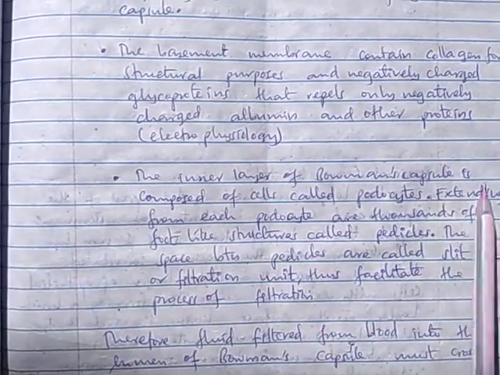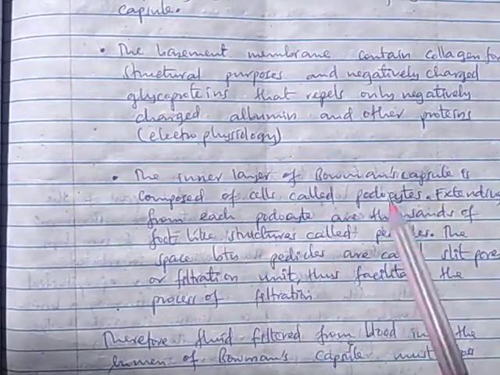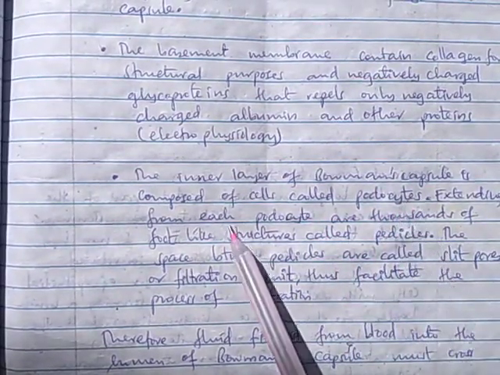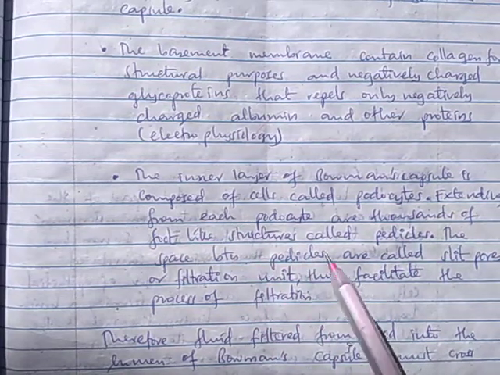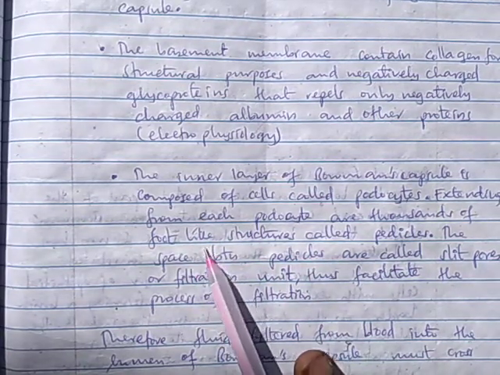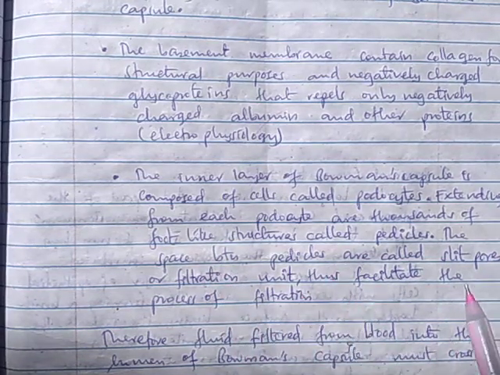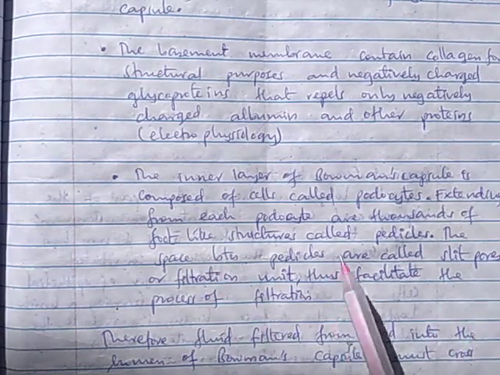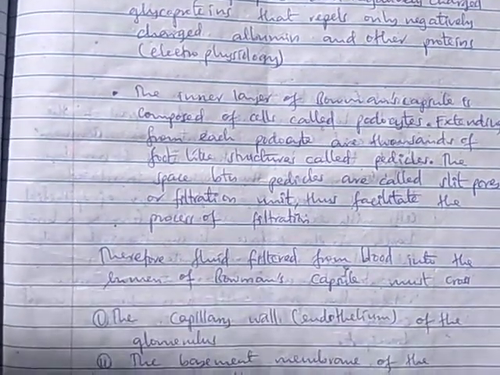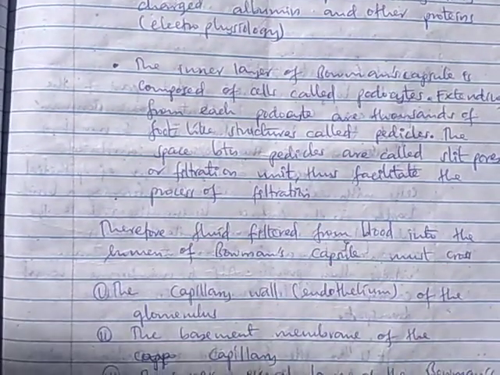Then another adaptation, the inner layer of Bowman's capsule is composed of cells called the podocytes. Extending from each podocyte are thousands of foot-like structures called the pedicles. The space between pedicles are called slit pores or filtration units. Thus, facilitate the process of filtration.